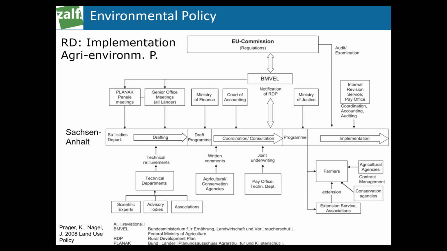The EU Commission has certain regulations, and within the frame of regulations, each state level in Germany, but you can also put it to other European countries, the general concept is always the same. They start from the design, the drafting process, to the programming of environmental programs, to coordination tasks, and to really have the proper outline.